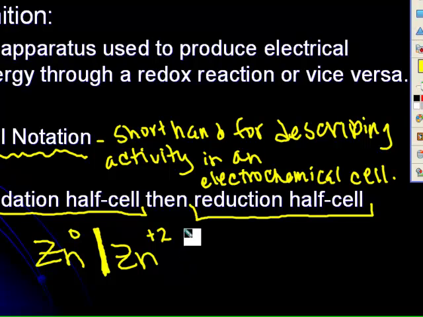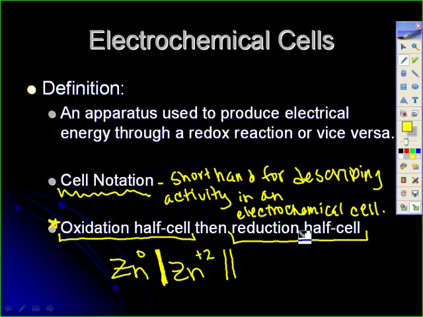Then we take a double line to show the separation of the actual containers themselves, and we say, okay, well, the reduction that took place was copper plus 2 was reduced to copper 0. I don't know why I made those lines so much thicker, but they don't need to be.